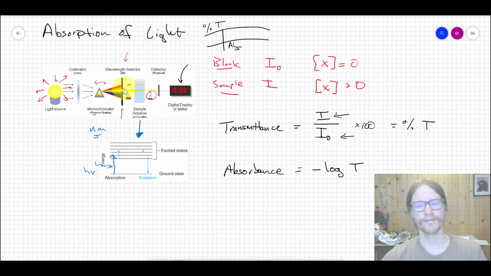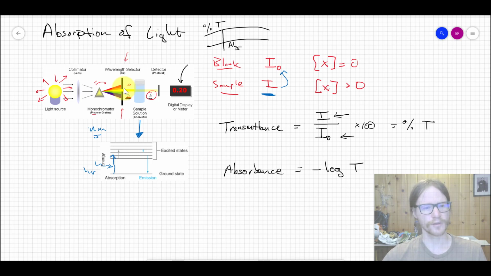So of course, when we have I significantly different than I naught in a blank, what we have are a whole bunch of molecules in that cuvette that are undergoing this transition, and we're absorbing those photons. It's important to remember, we're not going to fundamentally derive this relationship, but there is a relationship between how much of the analyte is dissolved in the solution and how much of the light gets absorbed.